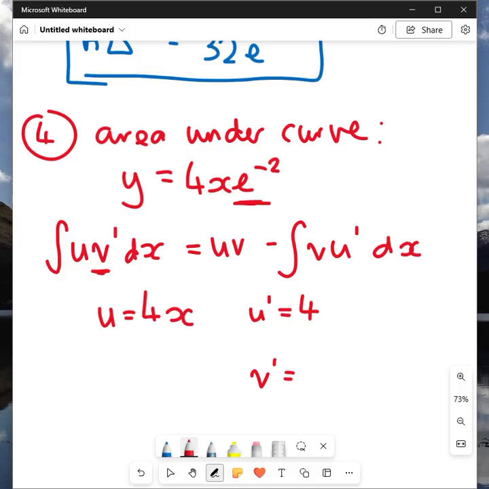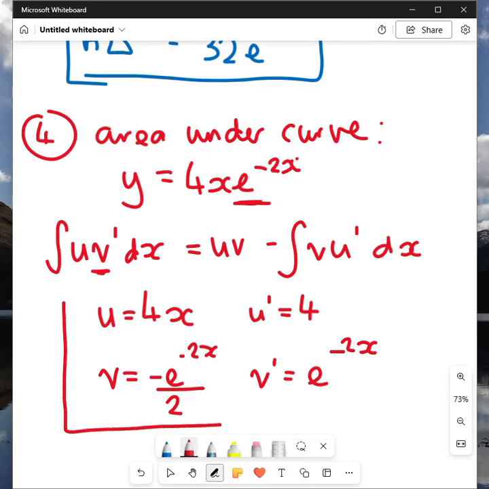I missed an x off there, yes, I have. It should be a 2x. So e to the minus 2x is our v dash. Then we need to integrate that and find what v is. If you're integrating, you basically divide by the constant term on x. So that would be minus e to the minus 2x over 2.